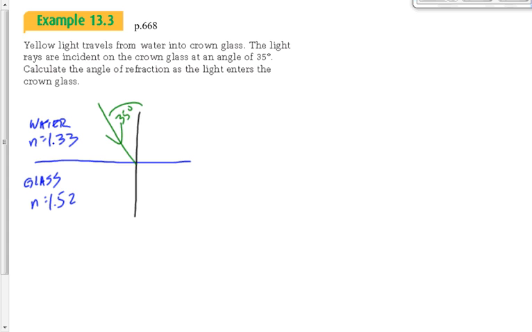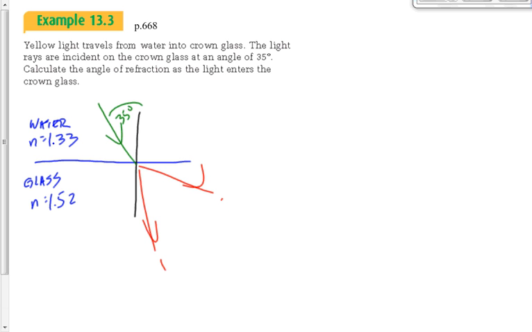Now, it's going from an index of refraction that's low, 1.33, to a number that's high, 1.52. What's going to happen to the speed? As n goes up, v will go down. Good. As n goes up, v goes down. As v goes down, lambda goes down. As lambda goes down, theta goes down. That means it's going to bend which way? Going to bend this way or going to bend this way?